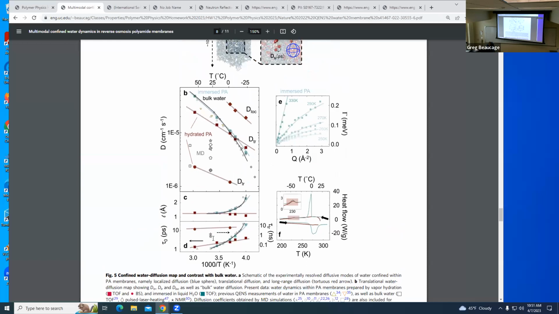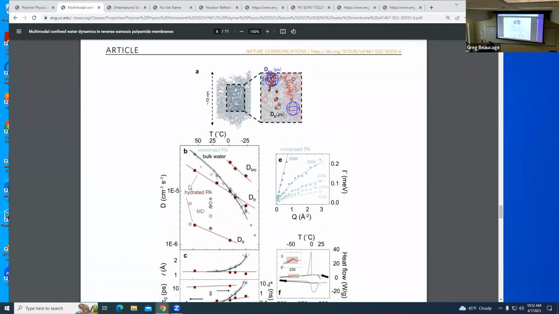So he did the immersion because he was reproducing what they did, the time of flight. So he did the same measurement that they did. So that's his squares. And that matches kind of what they did, but it also perfectly matches bulk water. It's like there's no difference between these little circles, cluster thing, and bulk water. And there's no difference between that and their measurement, even though they may have drawn some distinction between the slight difference, right?